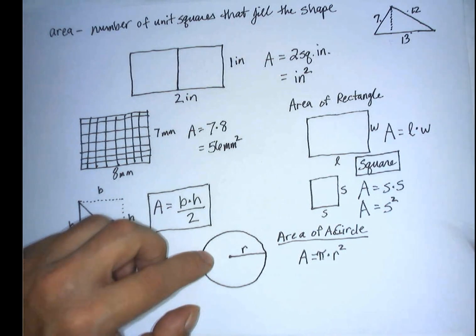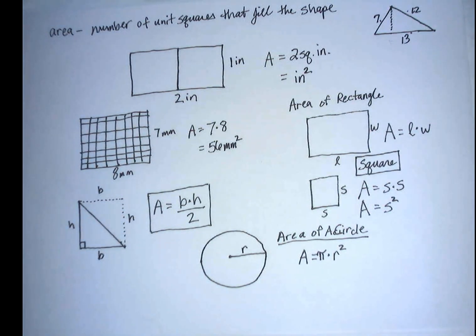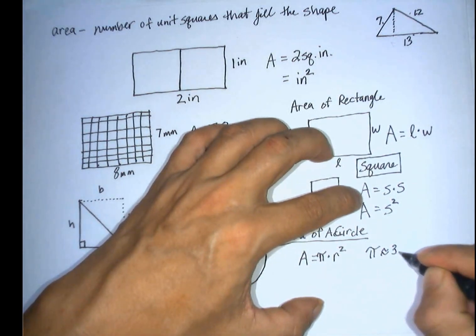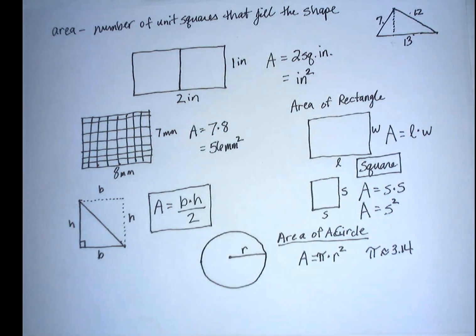For now, we're just going to leave things in terms of pi, or we can use pi approximately 3.14. So we can leave it in terms of pi for now and worry about this higher multiplication later.